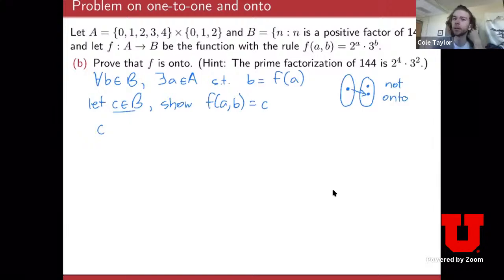Would we write it as like 144 divided by c equals some integer? Is that what we're going for? Yeah, we don't need to get too technical. We can just say c is a positive factor of 144. Oh, okay.